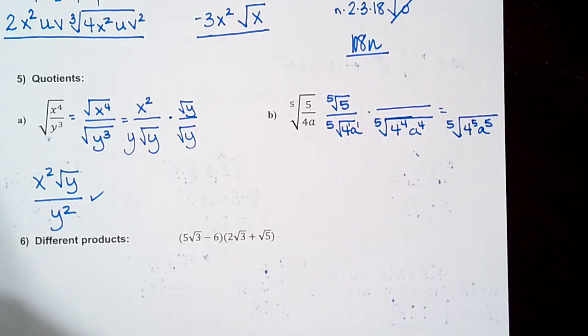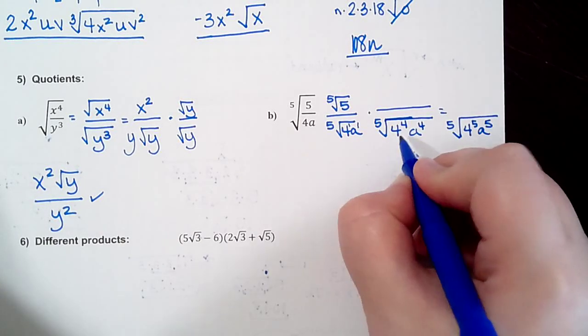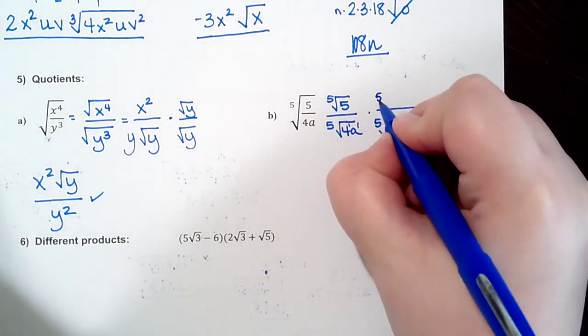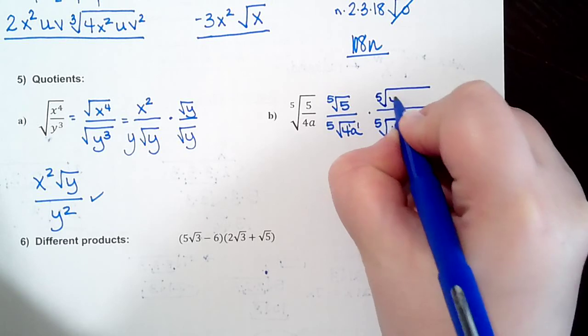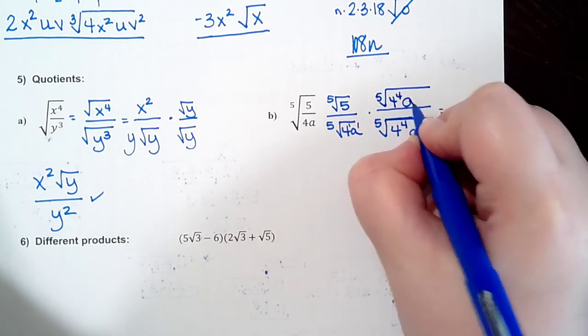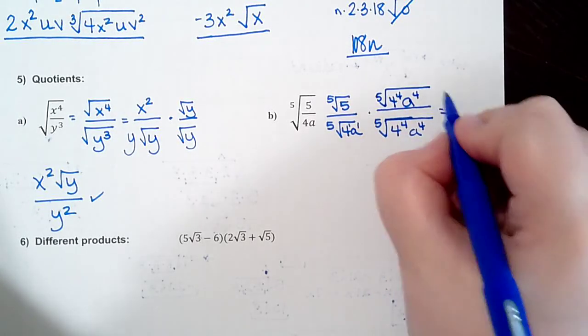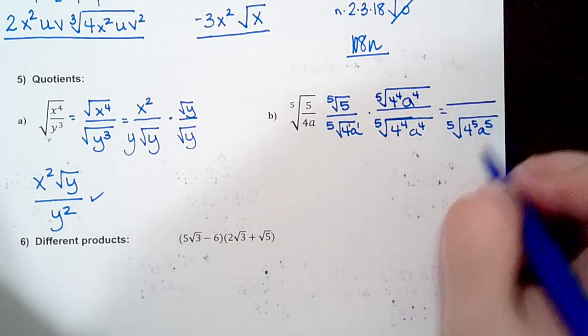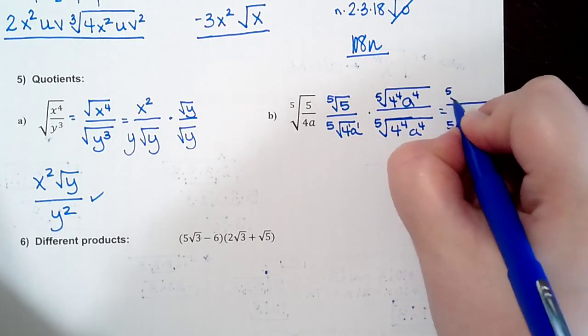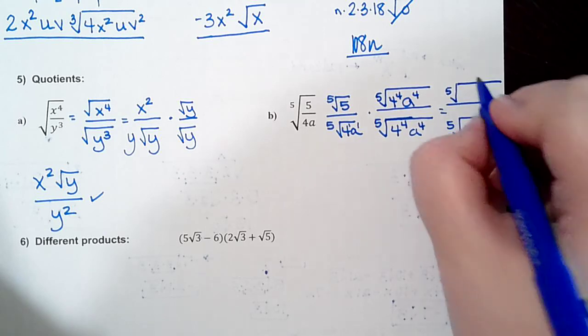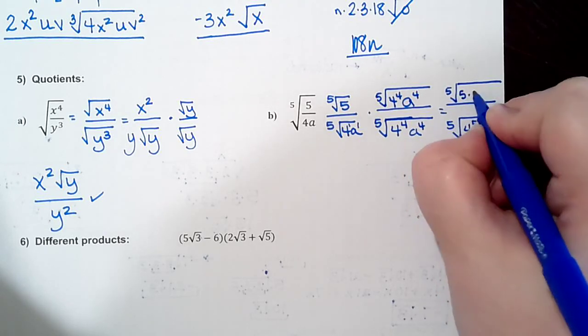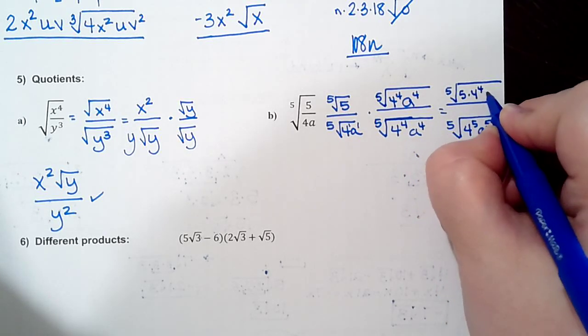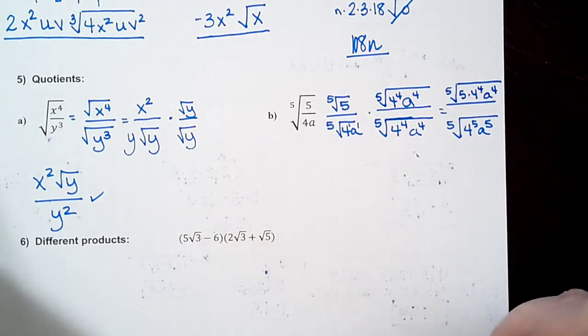And then, of course, whatever you do to the bottom, you have to do to the top. So we're going to multiply by the 5th root of 4 to the 4th, a to the 4th. When you multiply the insides, we're left inside with 5 times 4 to the 4th times a to the 4th.